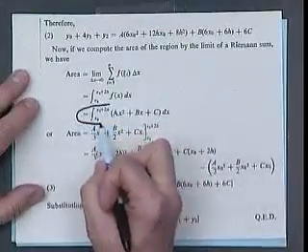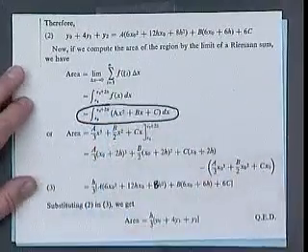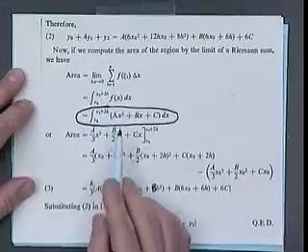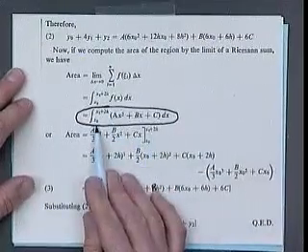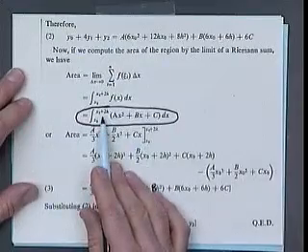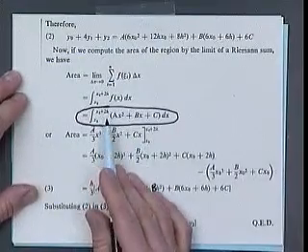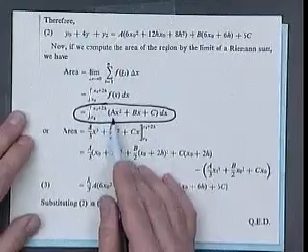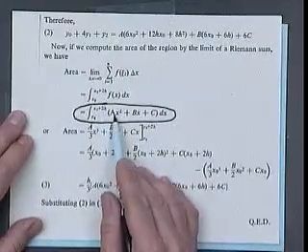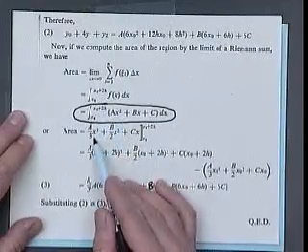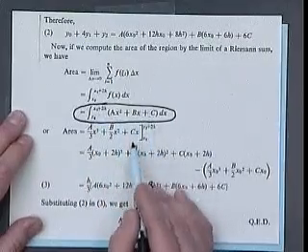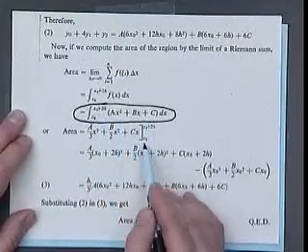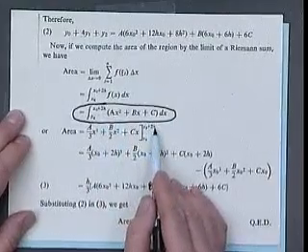Here's the problem that I wrote up on the picture earlier. We want the area under this parabolic region from x0 to x0 plus 2h. We know how to do that. We integrate. That'd be a x cubed over 3, b x squared over 2, and cx. We know how to evaluate from x0 to x0 plus 2h.